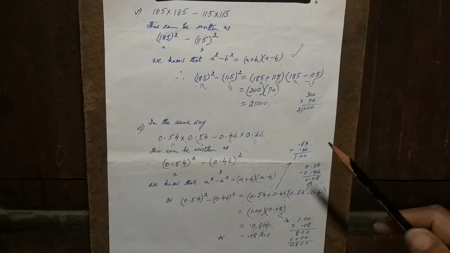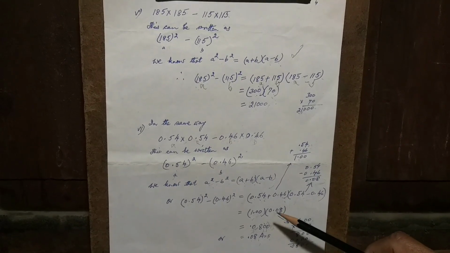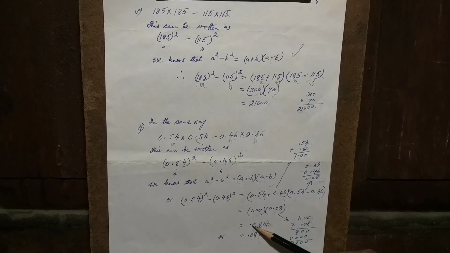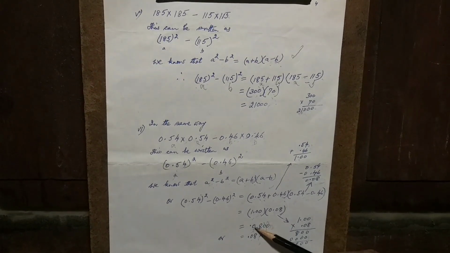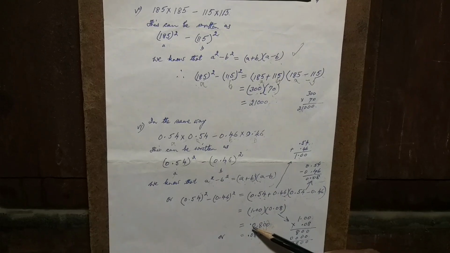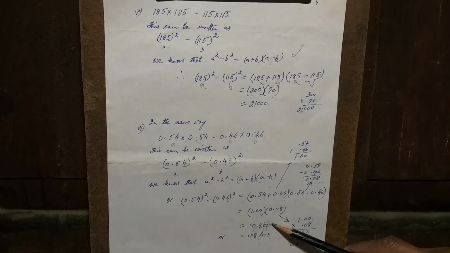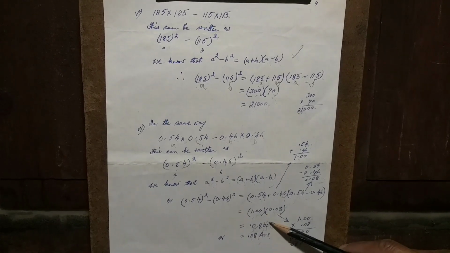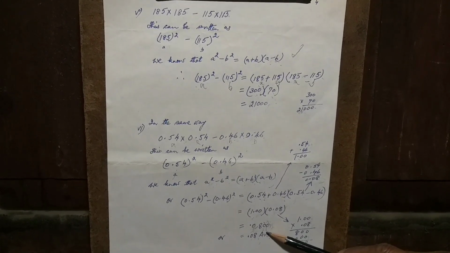And you must remember that only the zeros coming at the end can be neglected. We cannot neglect this zero coming after the decimal point. Only those zeros coming at the end of the decimal point. So 0.0800 gives us 0.08.